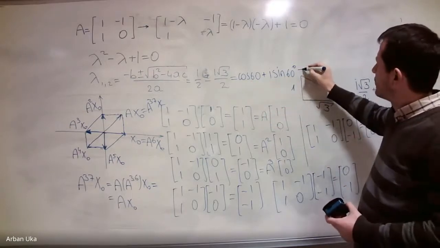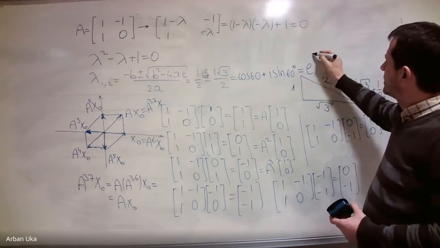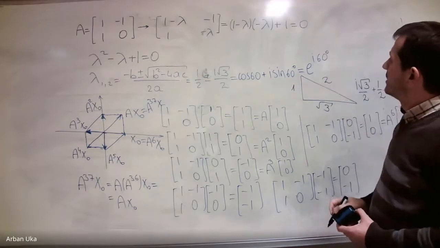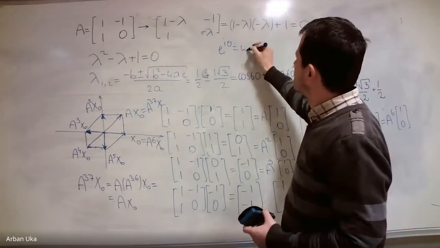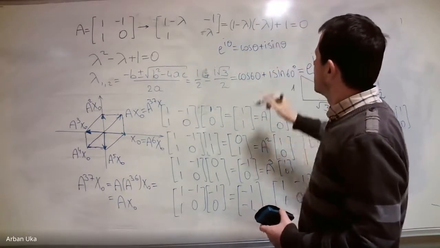And this one, we know by Euler's identity, is equal to e to the power i 60 degrees, because we know this property: e to the power i theta is equal to cosine theta plus i sine theta.